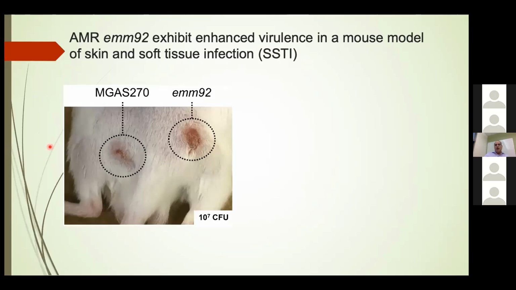So the first thing we did was to look at the invasive phenotype of these strains using a subcutaneous infection model in mice. And what we see is, when we compare the ICE-negative MGAS270 strain to the ICE-positive M92 strain, we see a distinct difference in the formation of necrotic lesions at the site of infection.